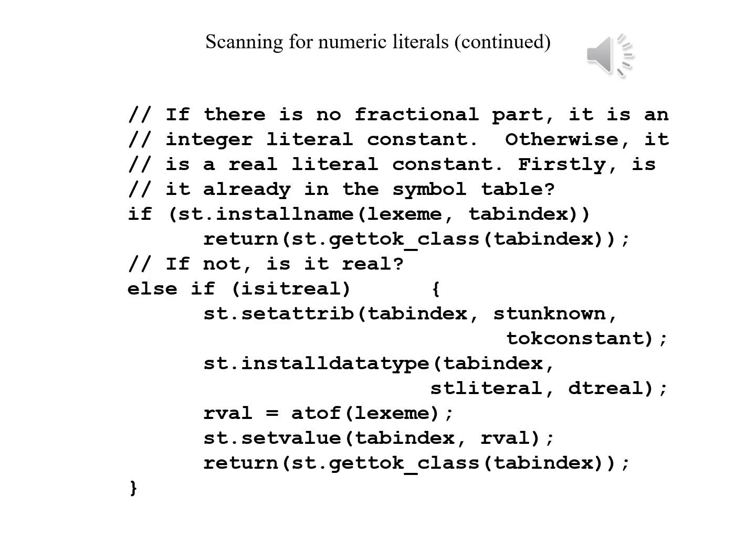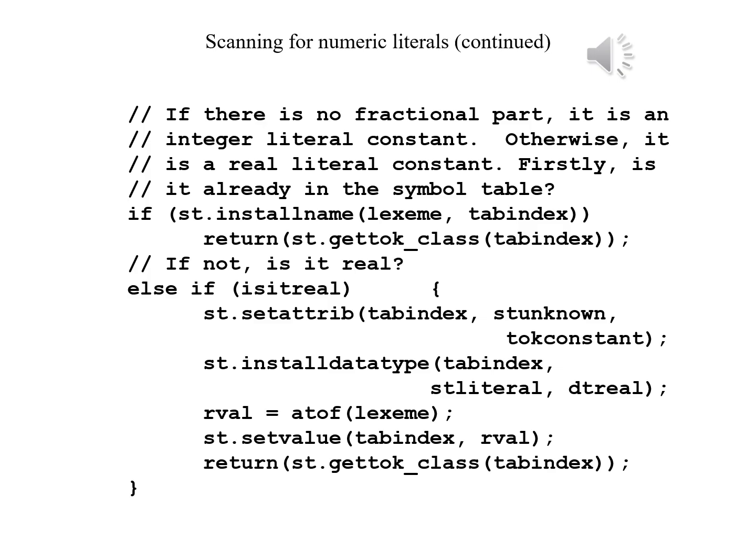If there is no fractional part, then what we have clearly is an integer literal constant. If there is one, it is a real literal constant. But first let's see if it's in the symbol table. We call installName, and if this returns true, it is already there, and we return the token associated with it. If not, let's see if it's real.